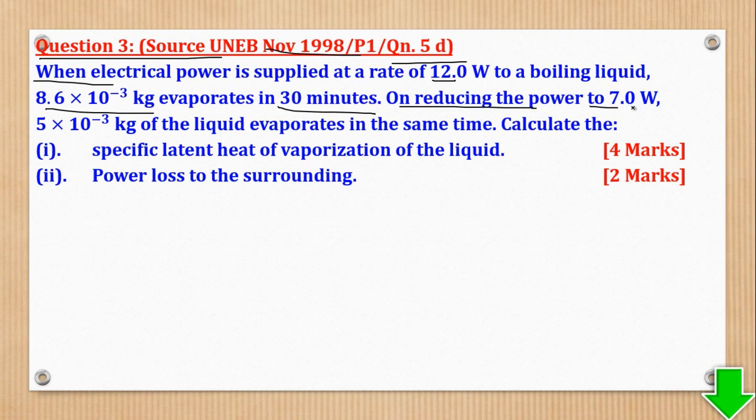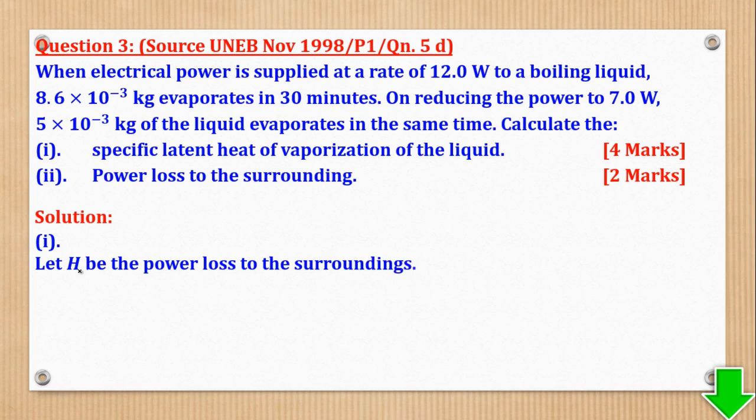On reducing the power to this, this mass of the liquid evaporates in the same time. That means it also evaporates in 30 seconds. Calculate Roman 1, the specific latent heat of vaporization of the liquid, and Roman 2, the power loss to the surrounding.